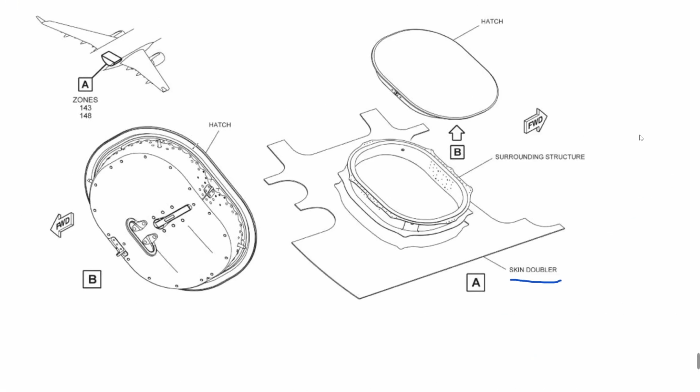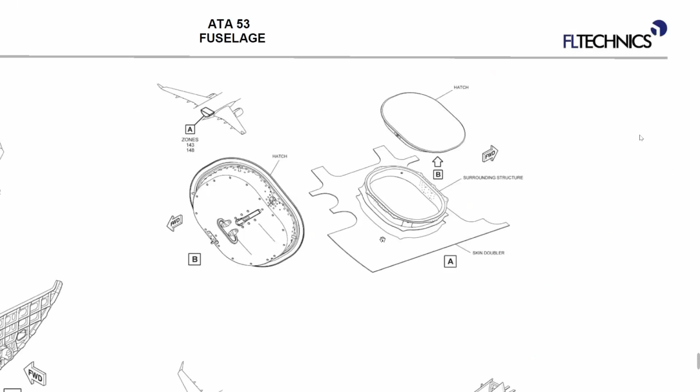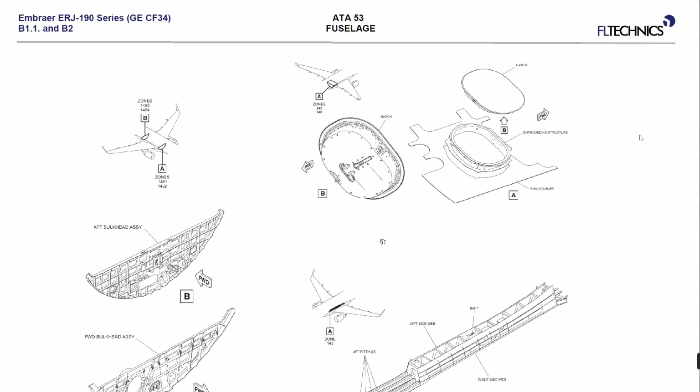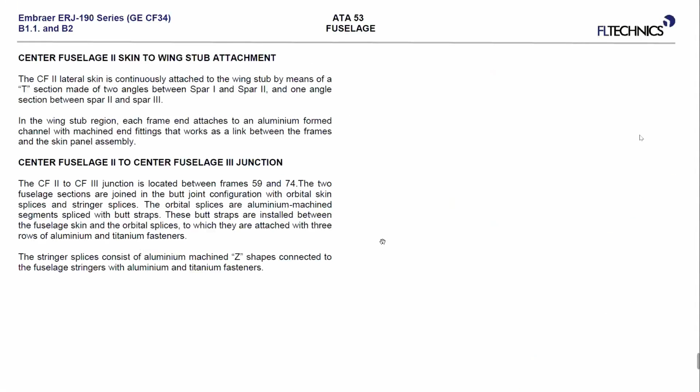In addition, the hatch is reinforced, and can you see here, the surrounding structure is kind of specific, and this is to provide us once again accommodation for this hatch. This hatch has to keep the avionics compartment pressurized, which is part of the entire pressurized fuselage.